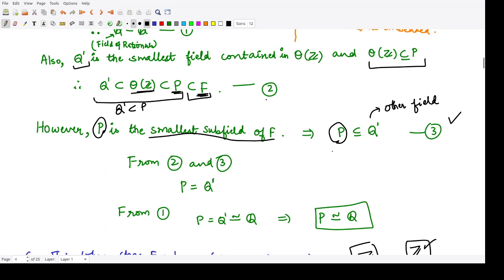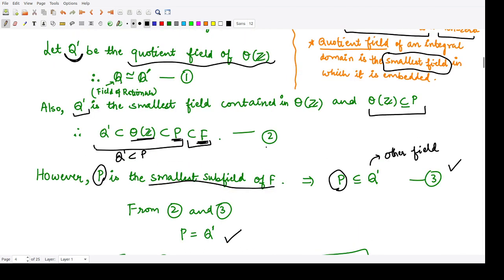From 2 and 3 we can say they are equal, and we have just shown that this Q' is isomorphic to Q. This is from some previous result. You should go and check this result all by yourself. What is this result? How the field of quotients of an integral domain is isomorphic to the field of rationals.